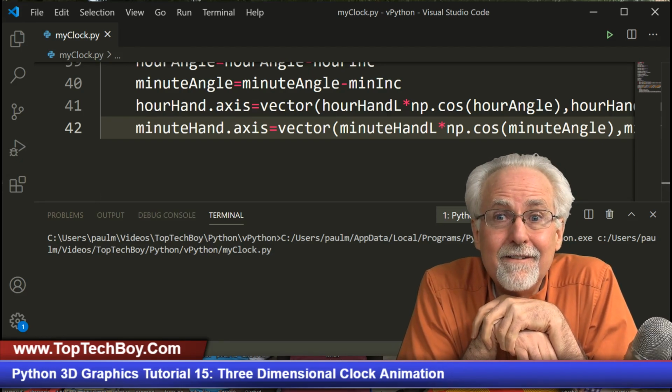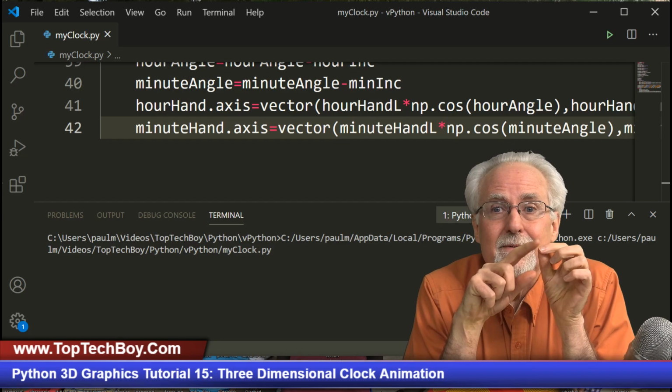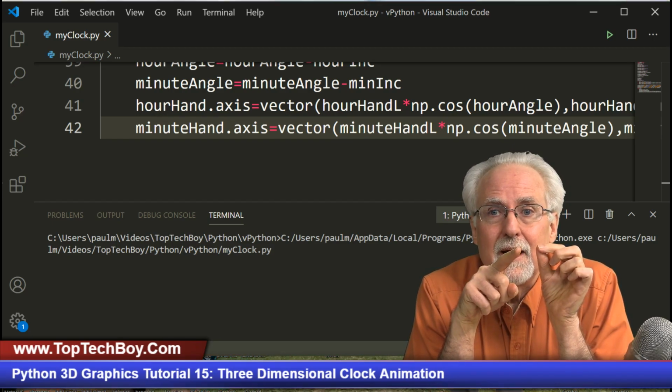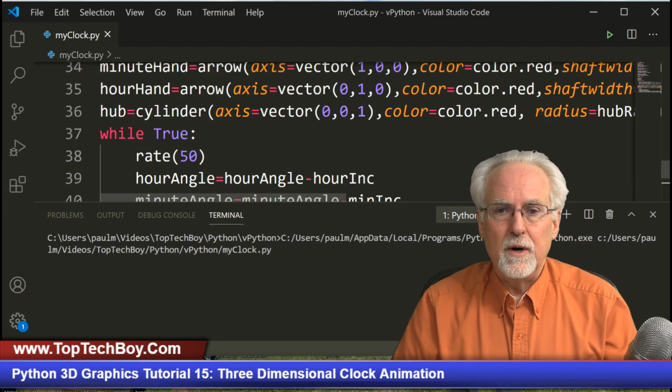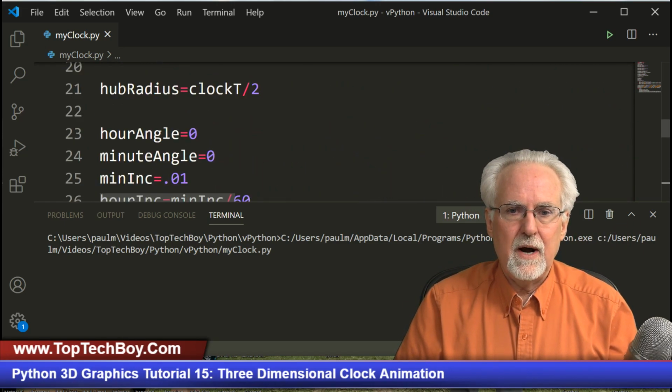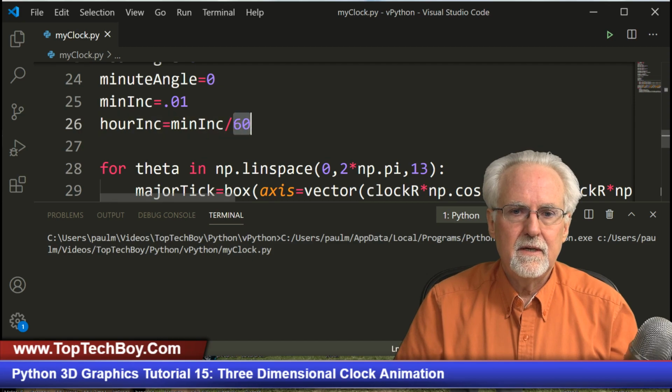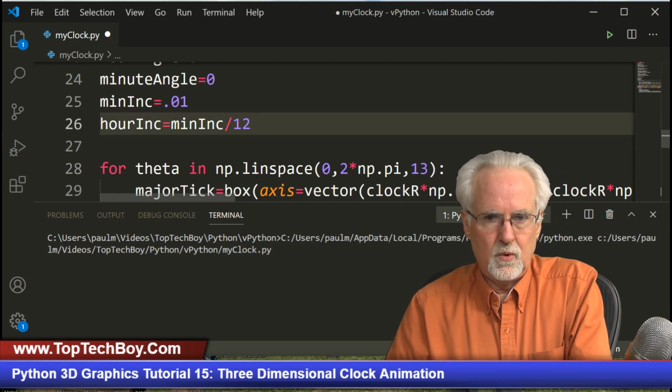So maybe, I didn't think I would have to think through this in real time, but it's either going to be divide by 12 or divide by 5. But let's see, when the one goes all the way around, then I want the other one to go around by 1/12 of that. So I think where I divided by 60, I should have divided by 12.